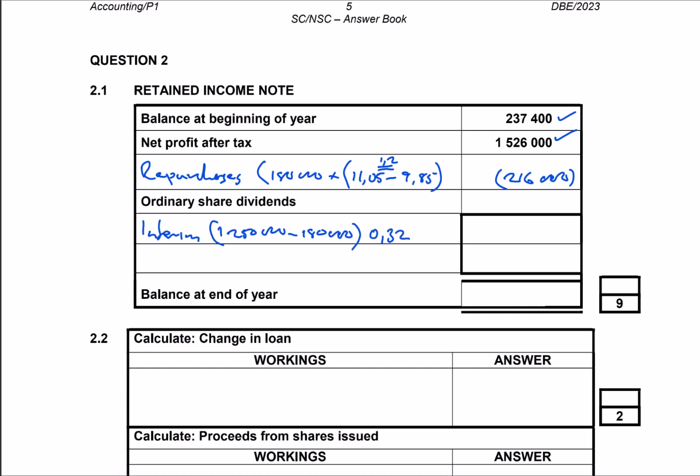Remember, it's 32 cents. So that will be 1,250,000 minus 180,000, multiplied by 0.32, and you get 342,400.